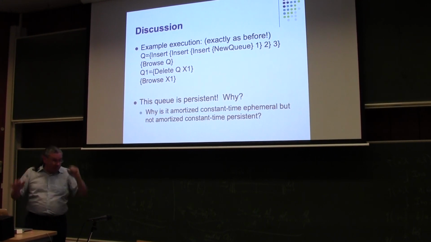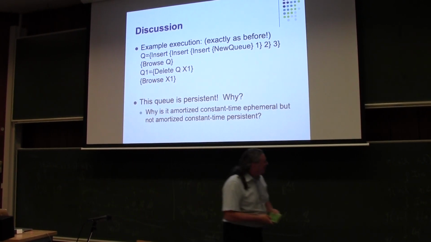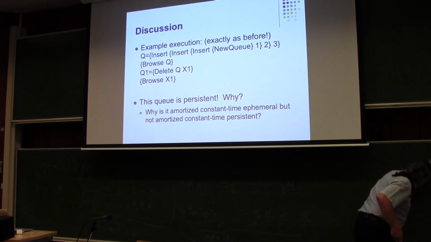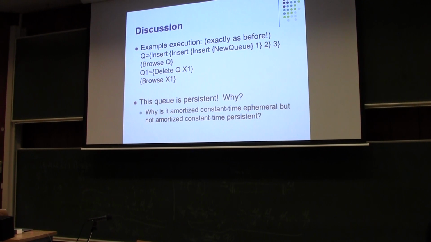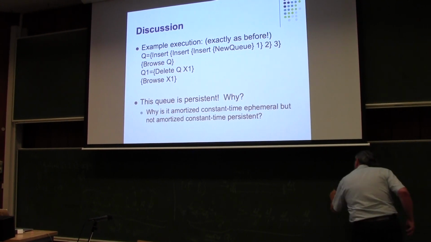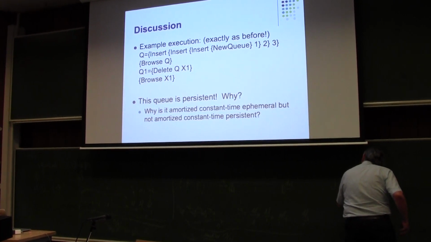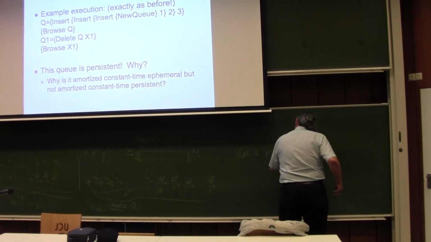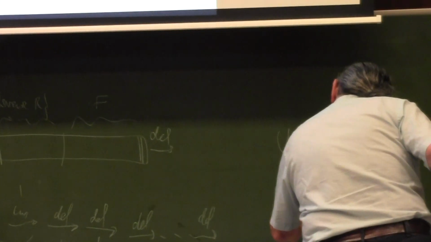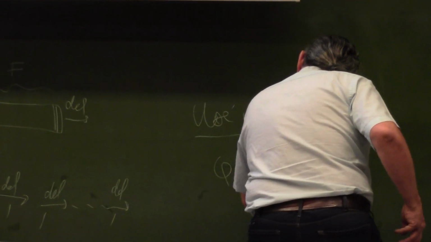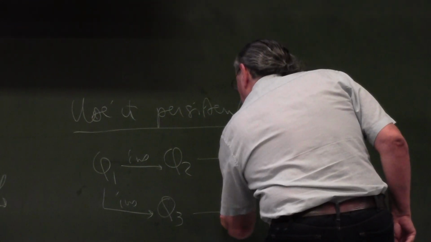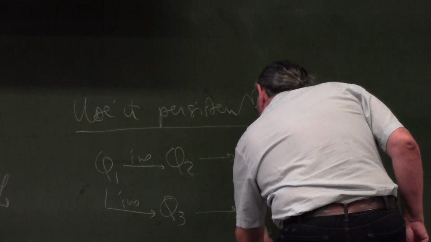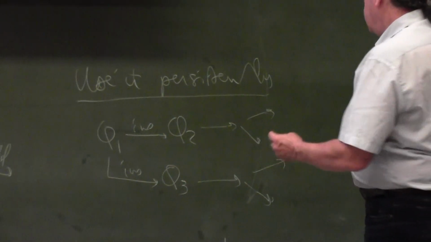That means I can create multiple versions, and it will be correct. Let me show you what happens when we do that. For example, I start with Q1, I do an insert, I get Q2. But I can use Q1 again and do another insert and get Q3. Now I have two versions. And I can keep going like that. I can even make more versions. And it works. It's correct.